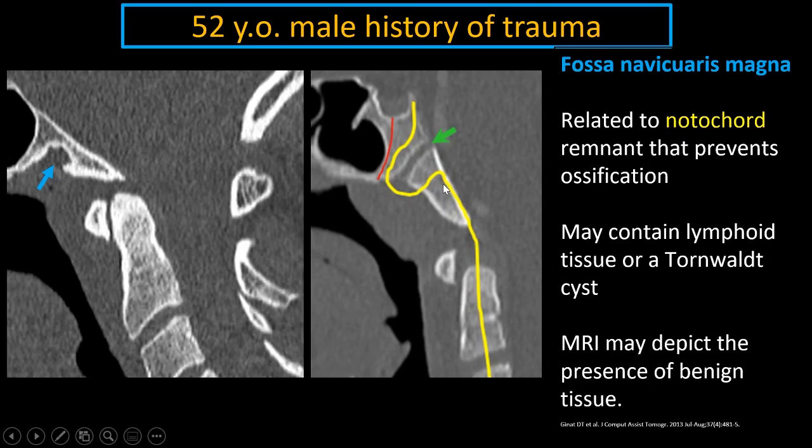So as the notochord extends toward the pharyngeal surface, this can result in incomplete ossification along the anterior inferior margin of the clivus, leading to this characteristic appearance of the fossa navicularis magna.